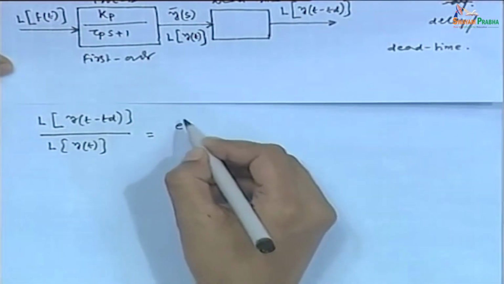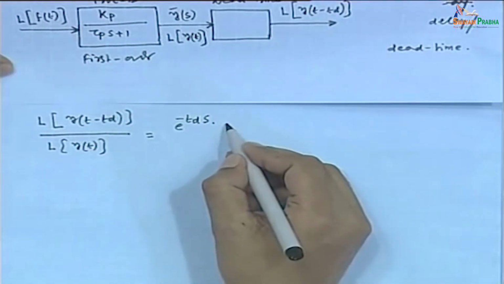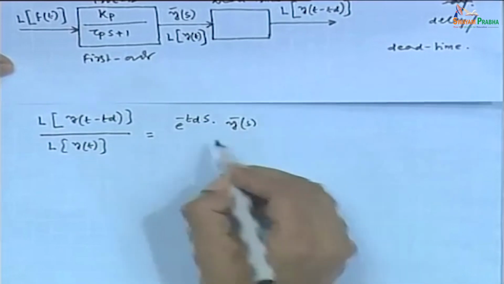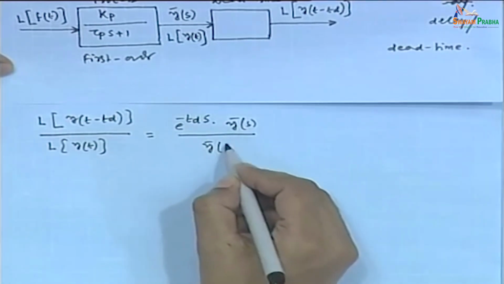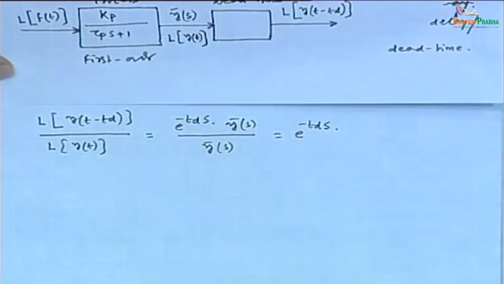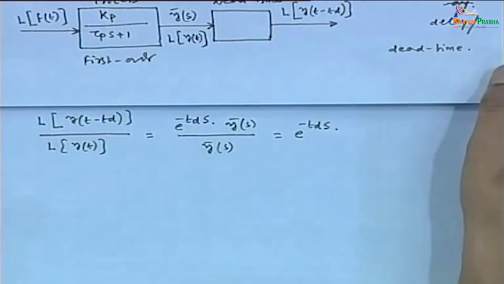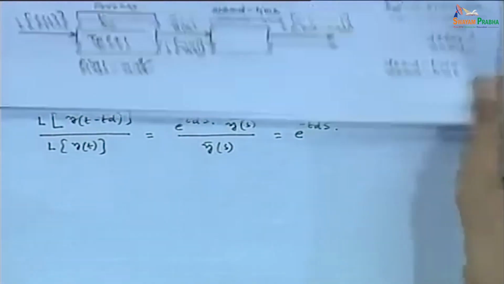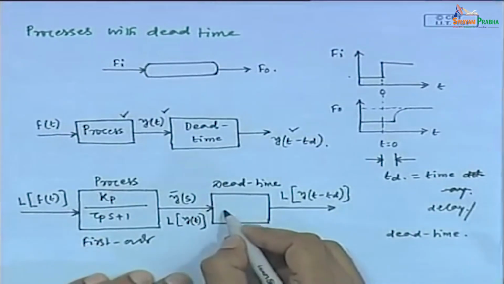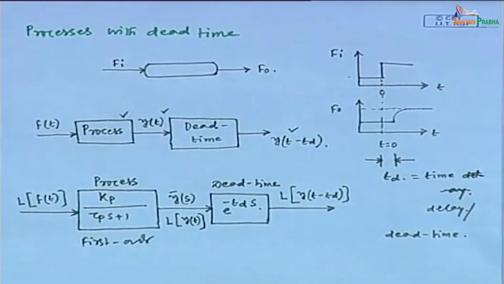So, this is exponential of minus Tds times y bar s divided by y bar s, that means exponential of minus Tds, fine. So, this is the transfer function of the dead time block. So, we can put here the transfer function as exponential of minus Tds, fine.